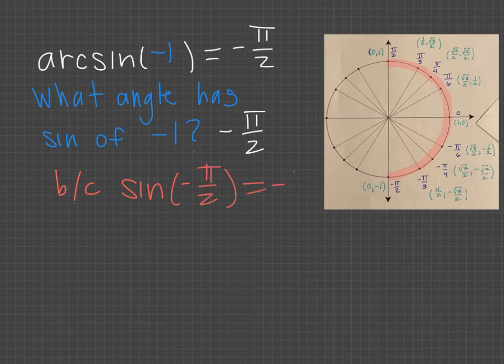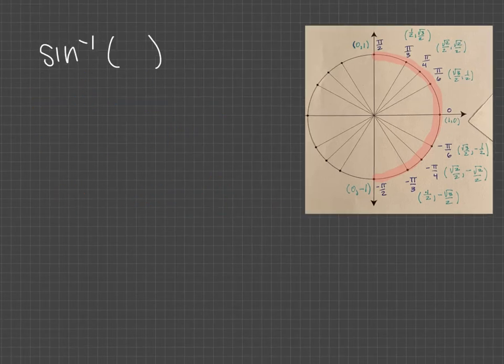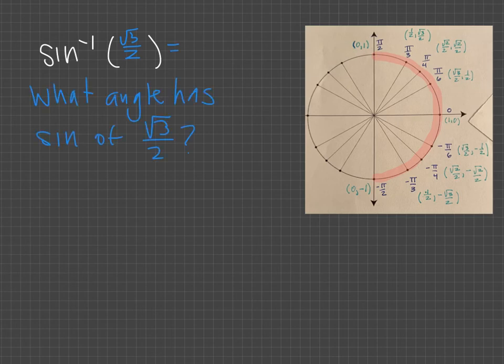So arcsine of -1 is negative pi over 2, and that is because the sine of negative pi over 2 is equal to -1. All right, let's look for the sine inverse of square root 3 over 2. That is going to be asking the question, what angle has square root 3 over 2 as its sine value? So let's look at our angles here, and we go to pi over 3, and that gives us the y-coordinate of square root 3 over 2, which is the sine value.